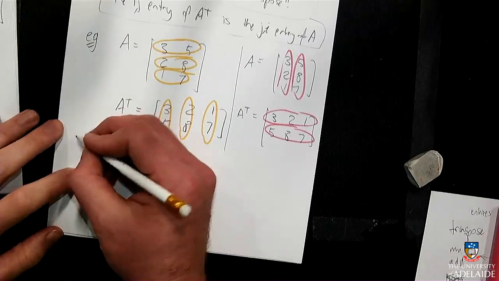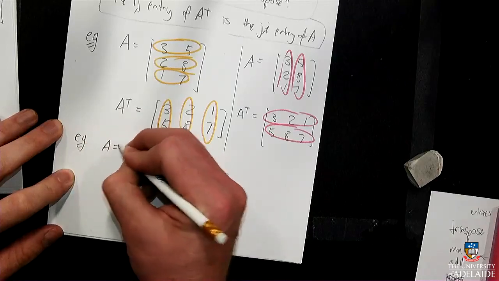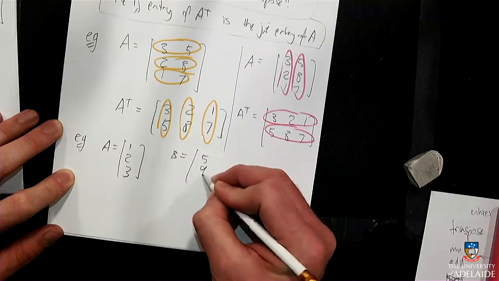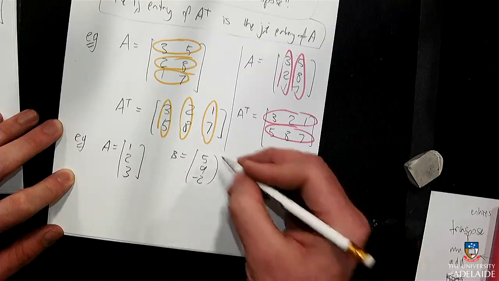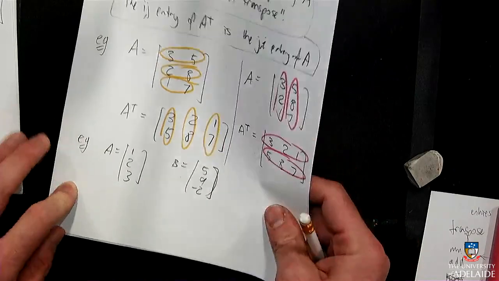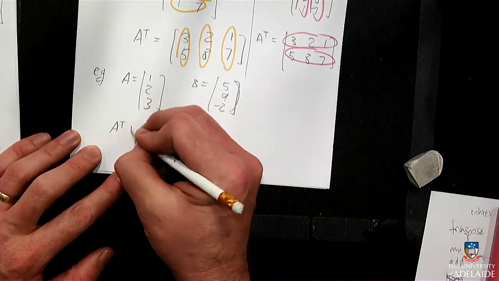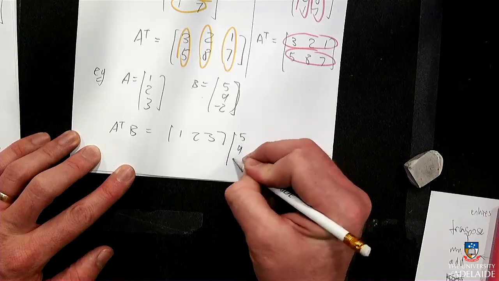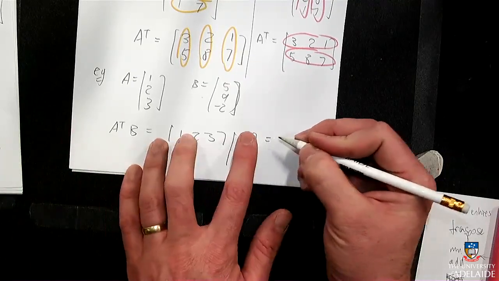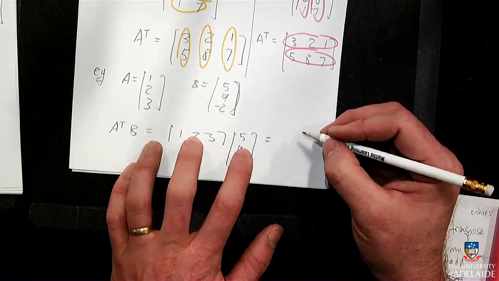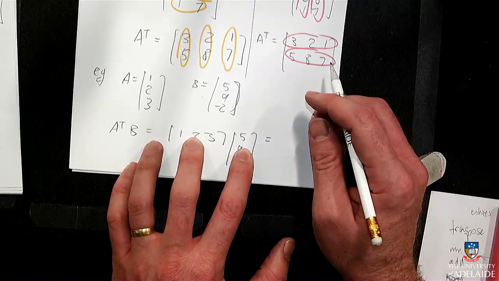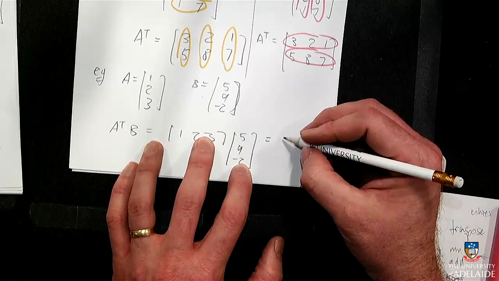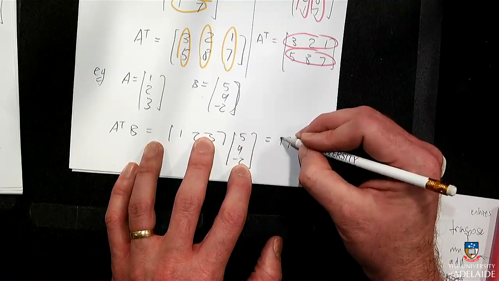So just as an example, if A was equal to 1, 2, 3, and B was equal to 5, 9, minus 2, then A transpose B would be 1, 2, 3 times 5, 9, minus 2, which would be 1 times 5, which is 5, plus 2 times 9, which is 18, so 5 plus 18 would be 23, plus 3 times minus 2, which would be 23 minus 6, which would be 17.